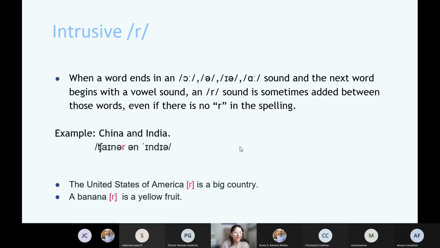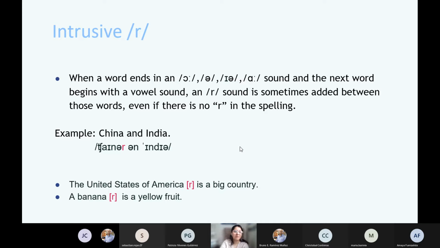And it says, when a word ends in a schwa, or a, and the next word begins with a vowel sound, an R sound is sometimes added between those words, even if there is no R in the spelling.